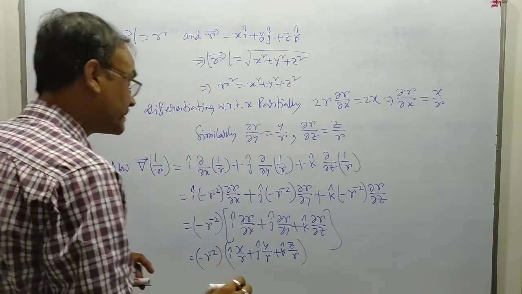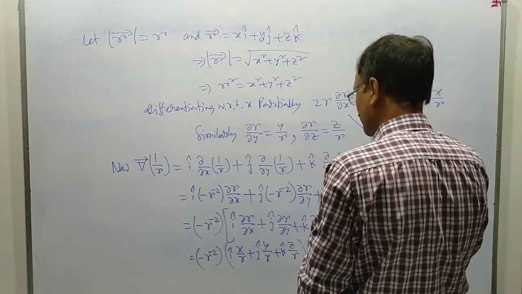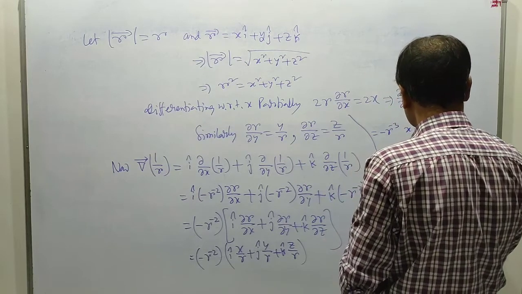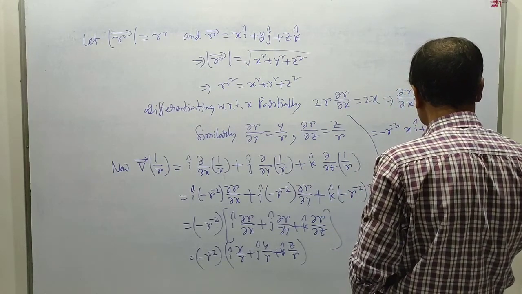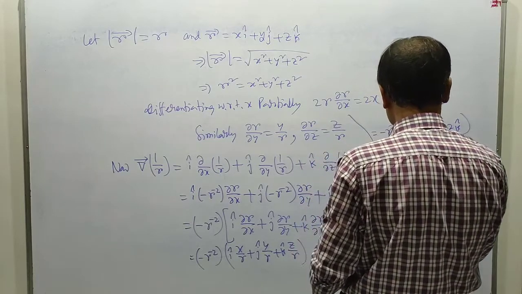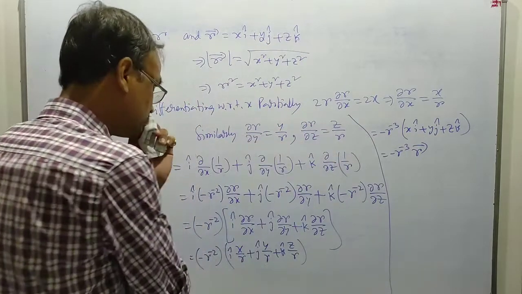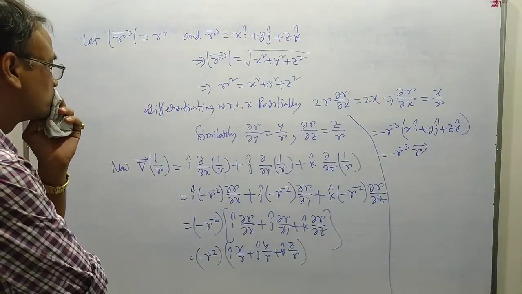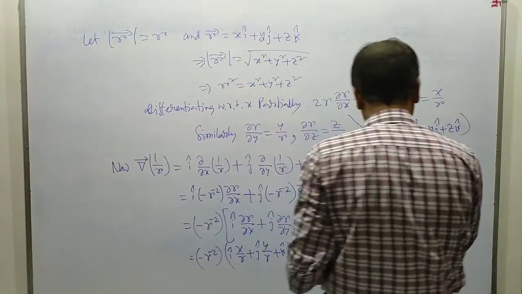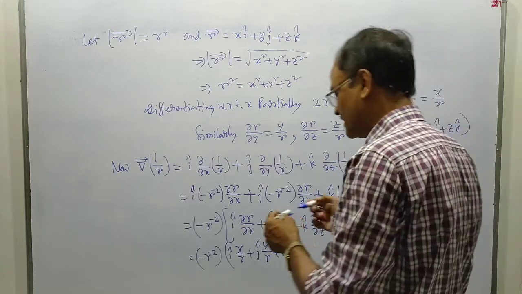Or here you may write this is equal to minus r to the power minus 2 times x i cap plus y j cap plus z k cap. This is equal to minus r to the power minus 3 r vector. This is equal to minus 1 by r cube r vector. You may write in this way.